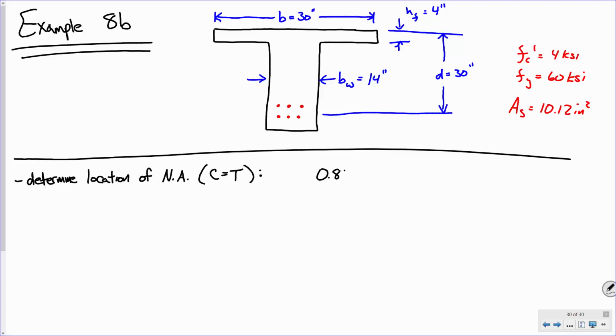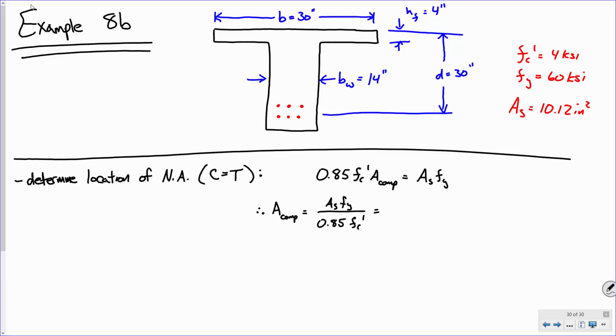That 0.85 f'c times whatever the area in compression is has got to equal the force in tension, As Fy. So whatever compressive force we have must equal our tensile force. Therefore, our area in compression has got to equal As Fy over 0.85 f'c.